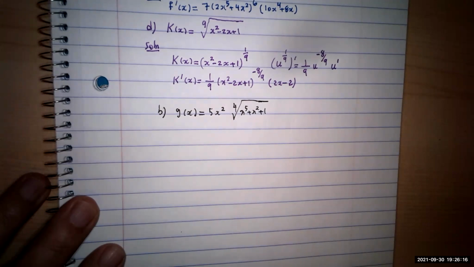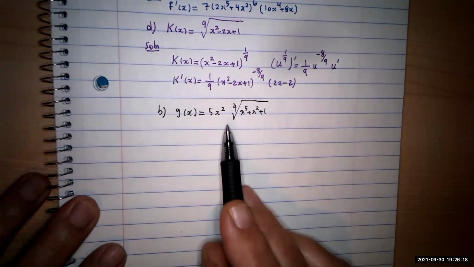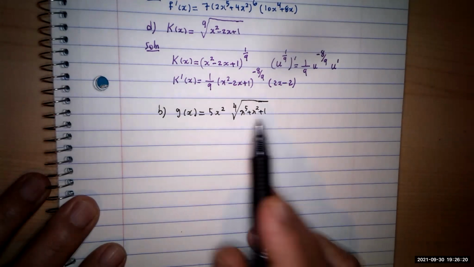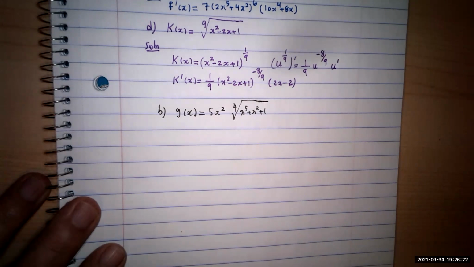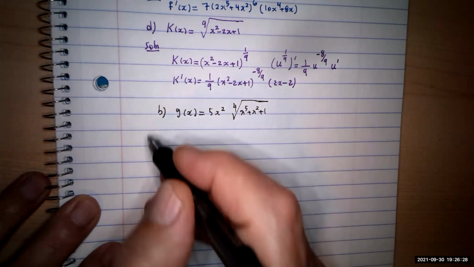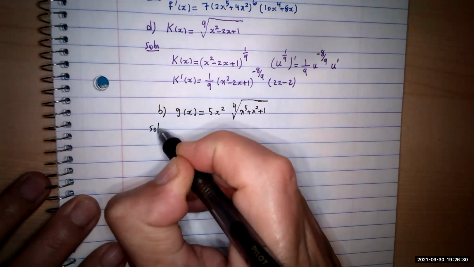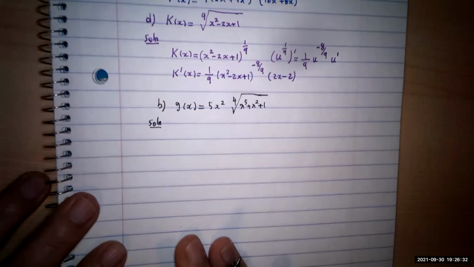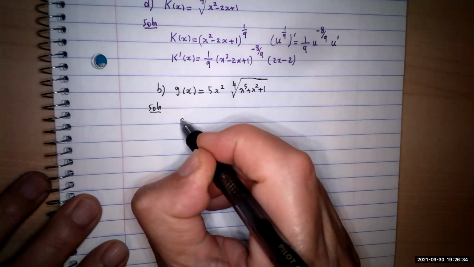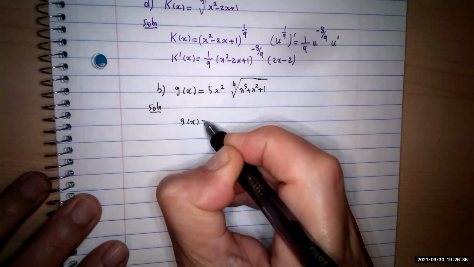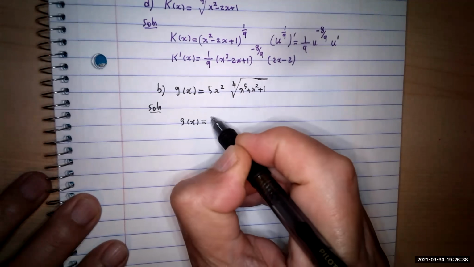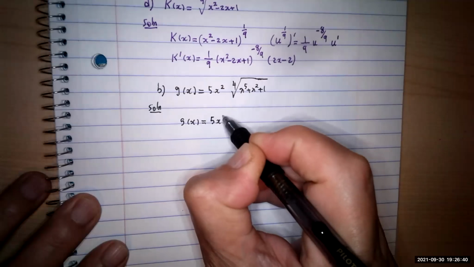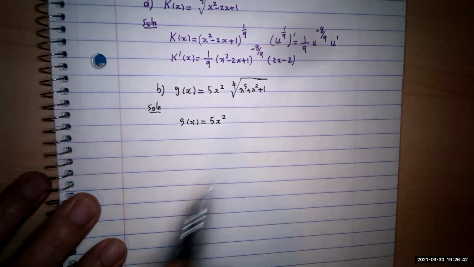For this function, you have an extra job. The extra job is this radical. So we change the radical. Sometimes it may be given without radical, but we are ready for it. So change the radical first for this one. So what we are going to be having is g of x is equal to 5x squared here, then you change the radical.